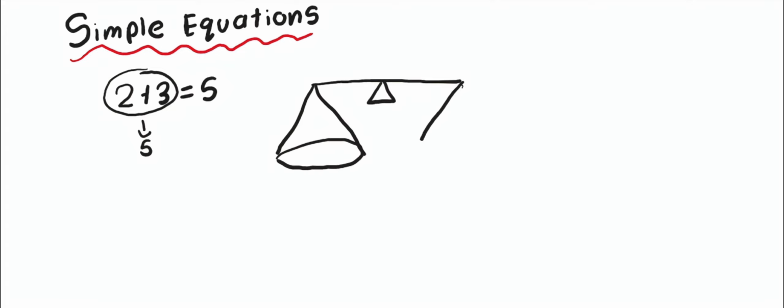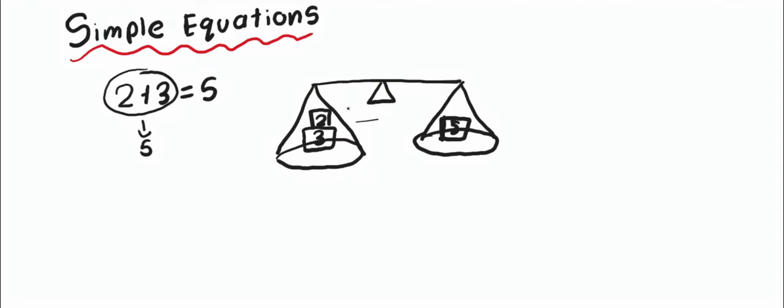So this is a balance weight scale. This is 3 and 2 kilograms. This is 5. So this is a balance weight scale, like this. This is an equation. So I think you all got this.